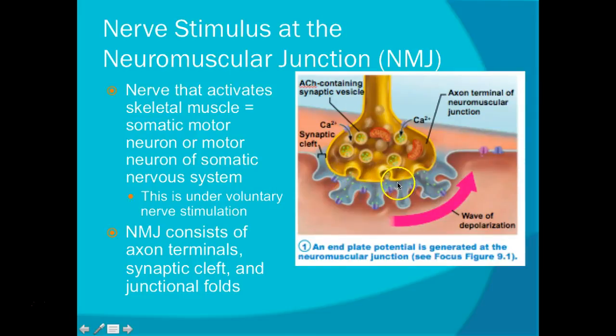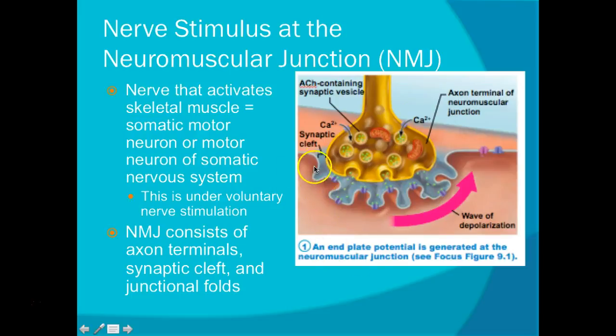At these synaptic terminals or axon terminals, we have a space between the actual nerve and our muscle, and that space is called the synaptic cleft, and we get a synapse that occurs within the synaptic cleft. What a synapse is, is the neurotransmitters, in this case acetylcholine, moving across that space to get to whatever that target organ is. In this case, it's our skeletal muscle.